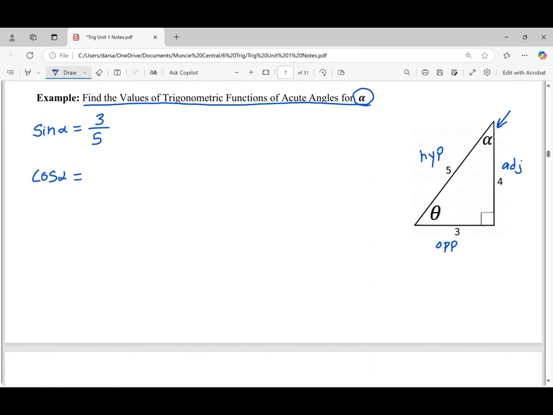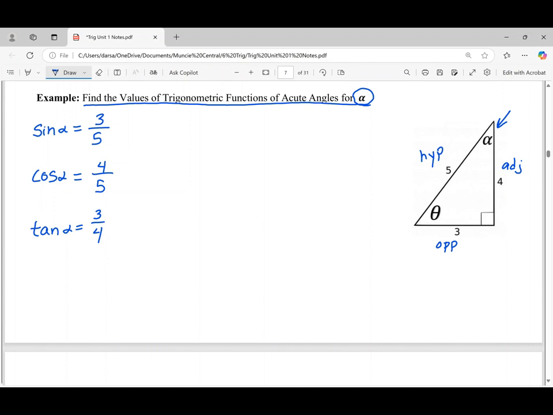So CAH. Cosine is adjacent, which is a 4, over hypotenuse, which is a 5. TOA. So tangent of alpha is opposite over adjacent. TOA. 3/4. That is how you find the first of the 6 trigonometric functions.